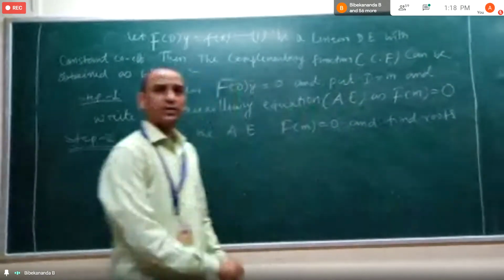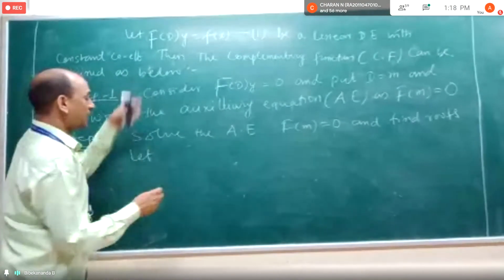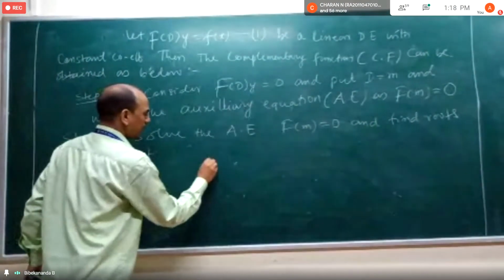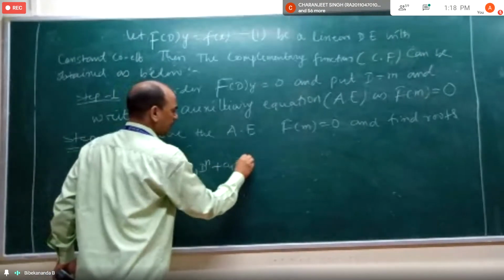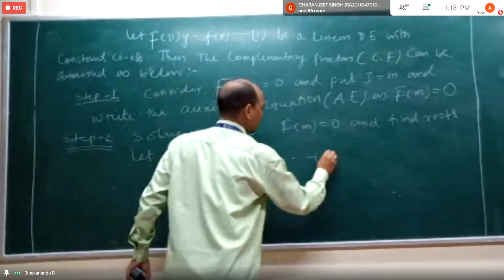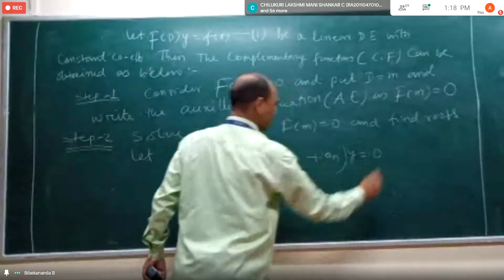Okay. Let's say we have (a0 D^n plus a1 D^(n minus 1) and so on, plus an) y equal to 0.